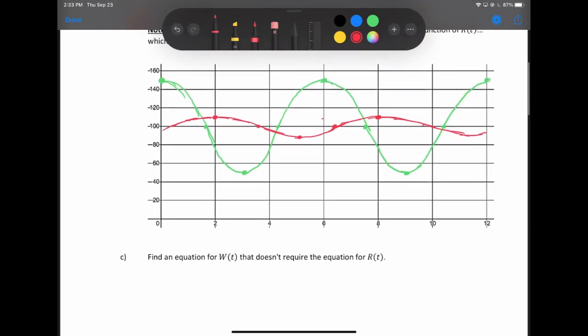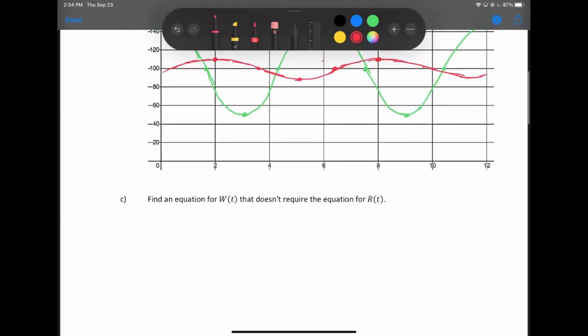Okay, so let's find a population for W of t, like actual W of t, that only involves time, that doesn't require an equation for R at t. So here's what we're going to do. We have W at t equals 0.2 R at t minus 2. So what that says is take our equation for R at t.